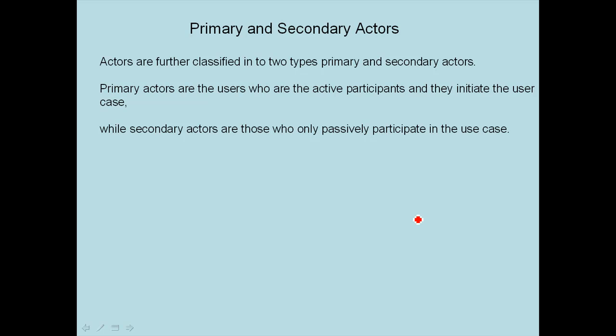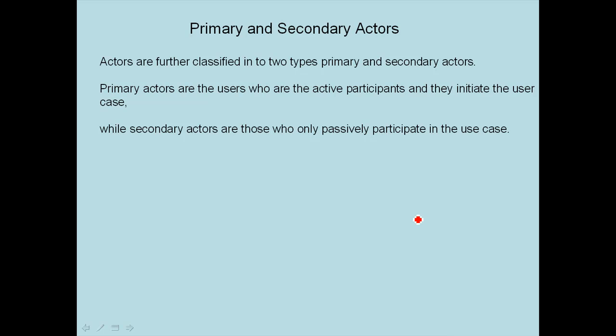So we have three actors in this: the accountant, the office boy, and the customer. But the primary actor is the accountant, because he or she has printed the invoice. They have initiated the actions, and later the other actors followed.